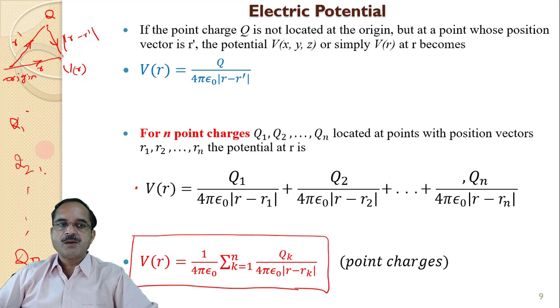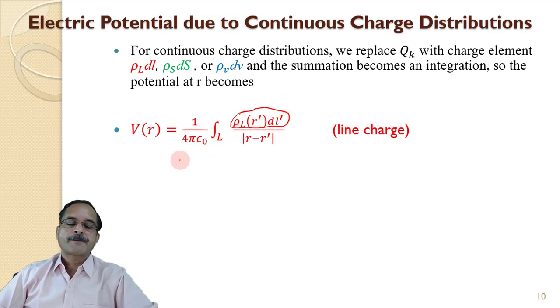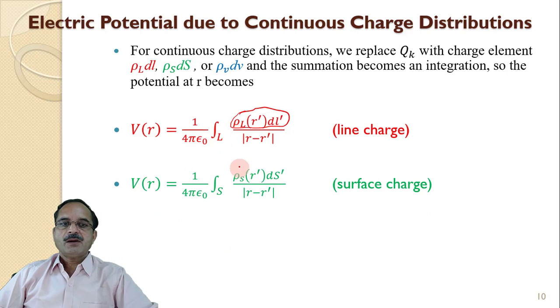Instead of n point charges, suppose this is a line charge. Then simply the summation becomes an integral, and rho L dl is the charge because of a differential length dl of line charge. Similarly, rho S ds is the charge because of the differential surface element ds.